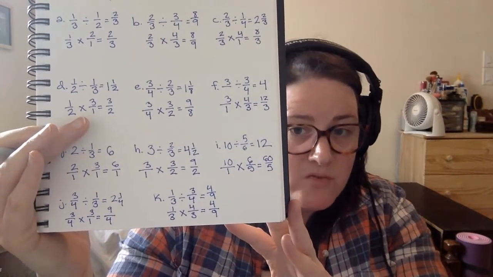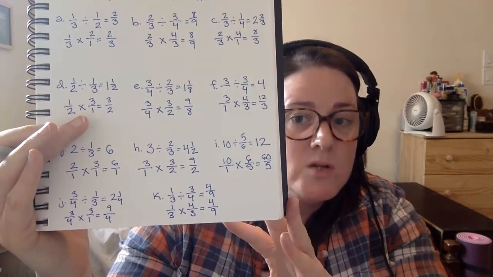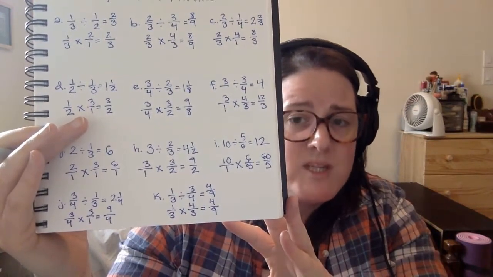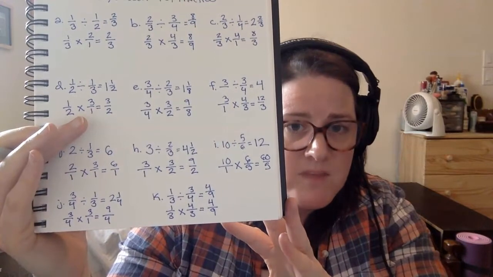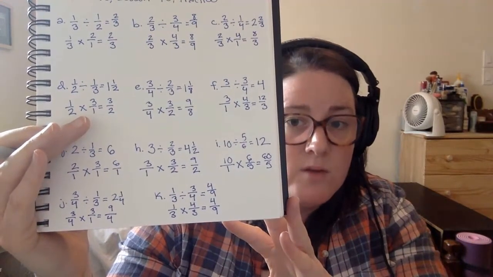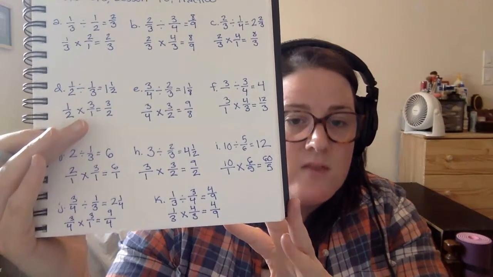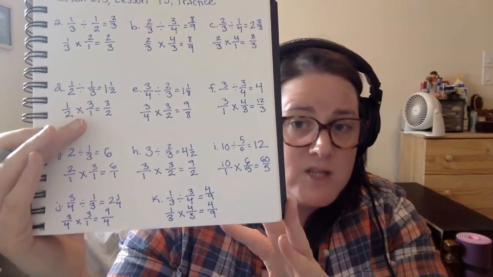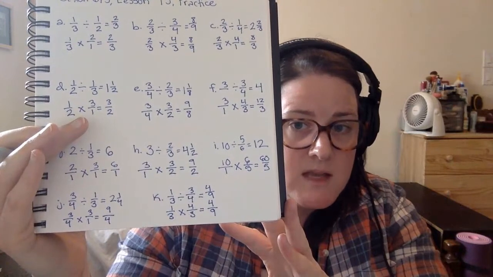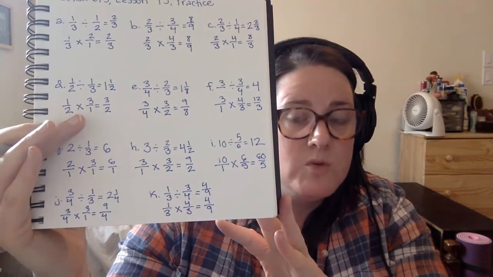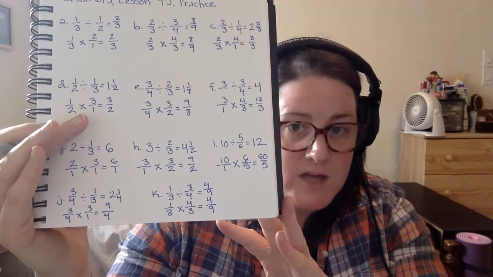These two problems, J and K, I hope that you can see this, are showing that even though when we divide fractions, we change our equation into a multiplication equation, it is still division, and it is not commutative the same way that multiplication is. The order of the fractions matters, and it matters very much that you only use the reciprocal of the second fraction.